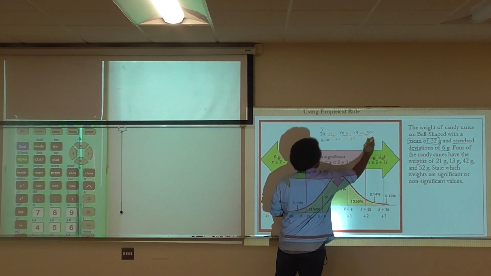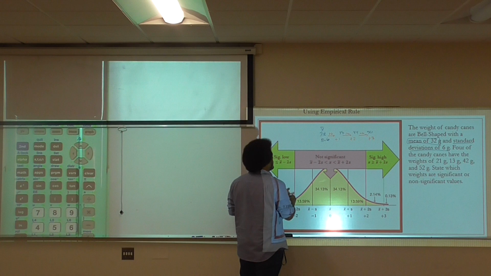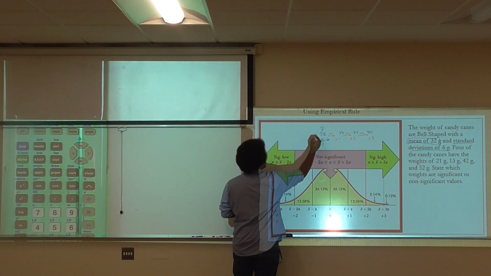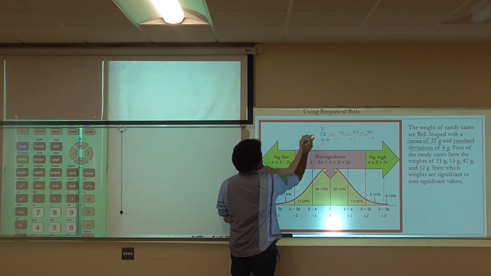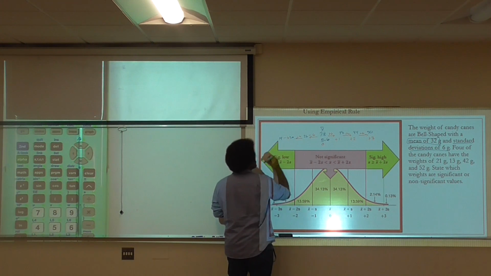That's what we're seeing there. We're looking at the z-scores. And over here, 0 standard deviations is right in the middle. Then to the left, we do the same thing, so minus the 6, which gives us 26, minus another 6, which gives us 20, minus another 6, which gives us 14. And we can still go on.